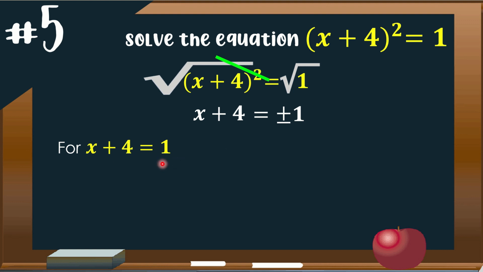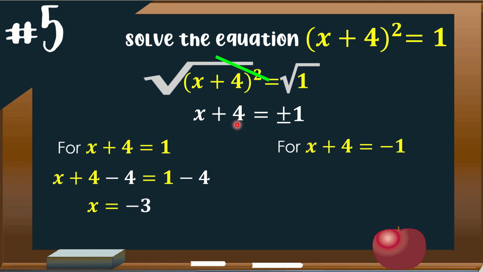So, let's start with this one first. In the addition property, magdadagdag ako ng negative 4 sa both sides kasi para maging 0 si 4 minus 4. So, ano na lang pong matitira? Yes. X is equal to negative 3. Yan na po yung value ni x.